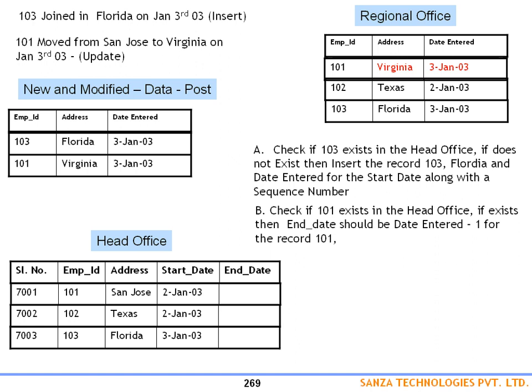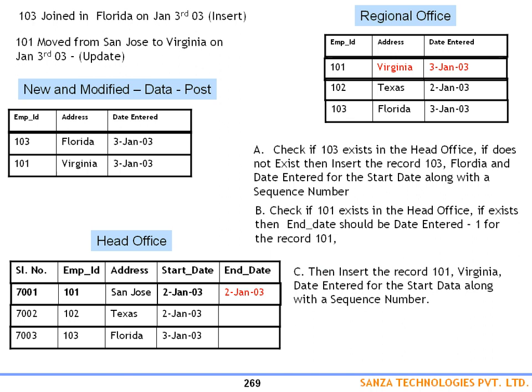We'll update the 101 record's end date. Then we'll insert this record of 101 Virginia, 3rd January, in the head office along with a new sequence number. We are holding the current and history data for the head office register, called SCD type 2.